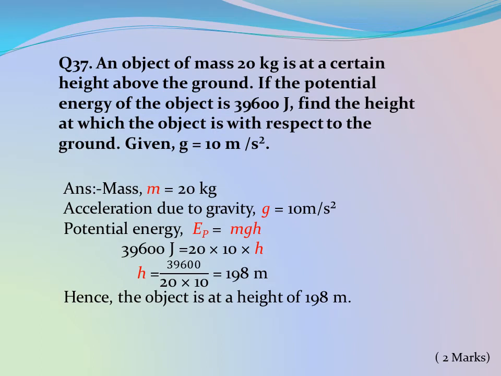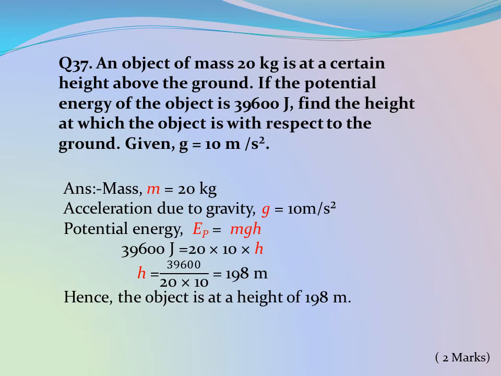Question number 37. An object of mass 20 kg is at a certain height above the ground. If the potential energy of the object is 39,600 joule, find the height at which the object is with respect to the ground. Given g equals 10 meter per second squared. Answer: mass m equals 20 kg.